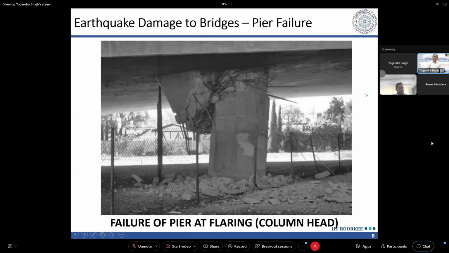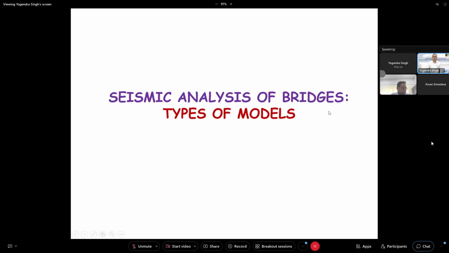So when the pier has this type of behavior, it is important to model that. So based on this understanding of the behavior, let us see how we can analyze the bridges, and accordingly model the bridges for earthquake and also for moving load.